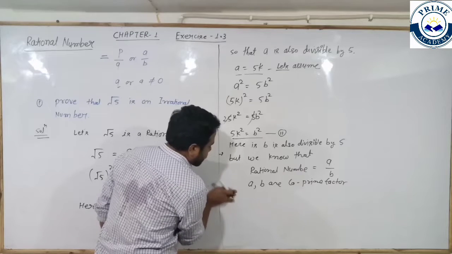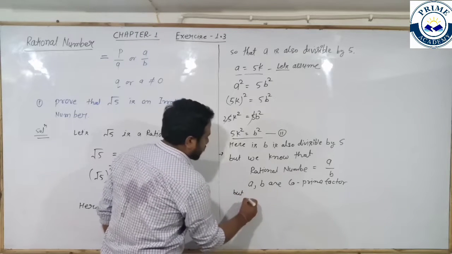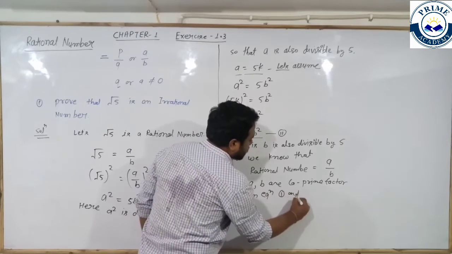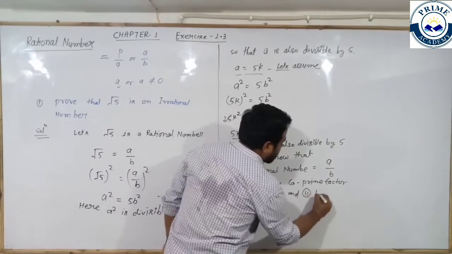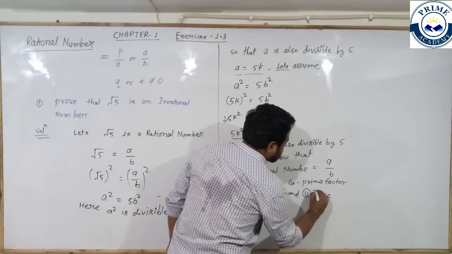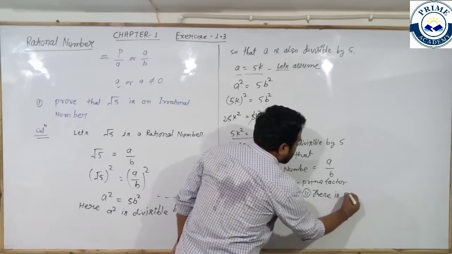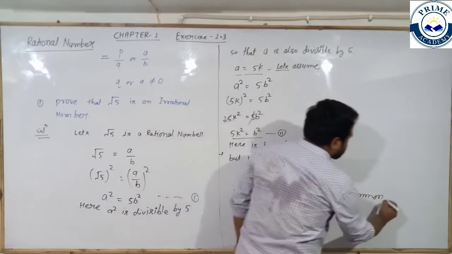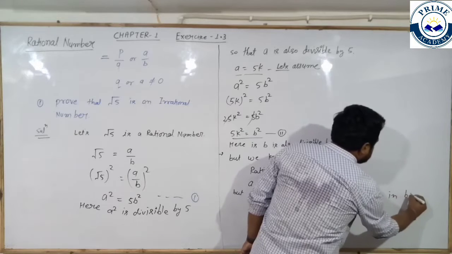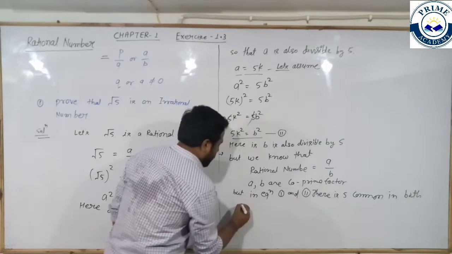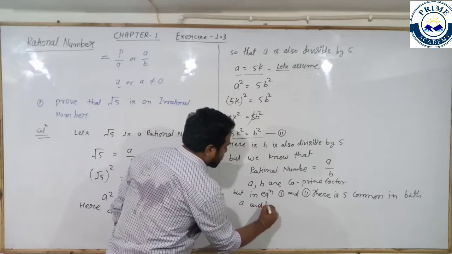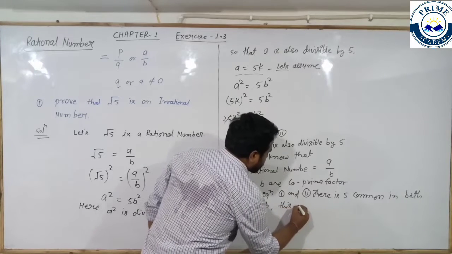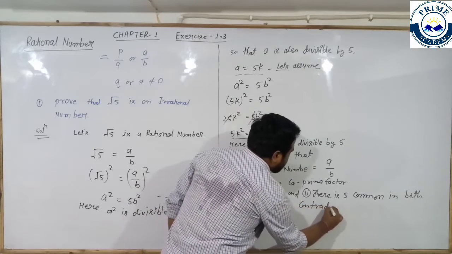But in equation 1 and 2 there is 5 common, there is 5 common in both a and b. So this is a contradiction.